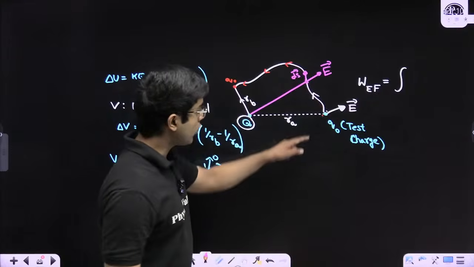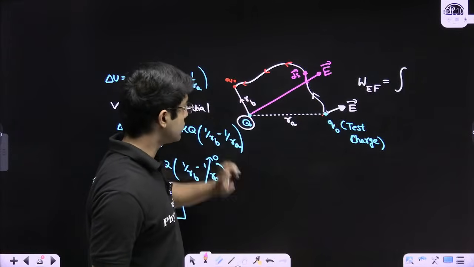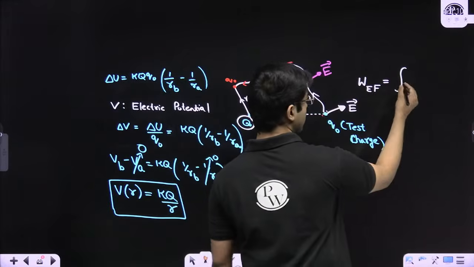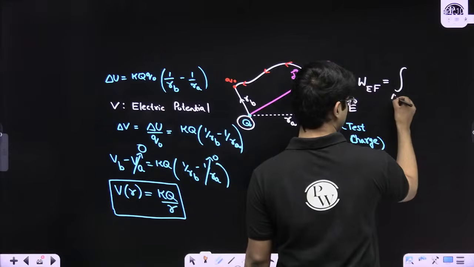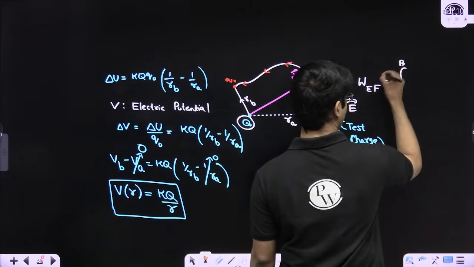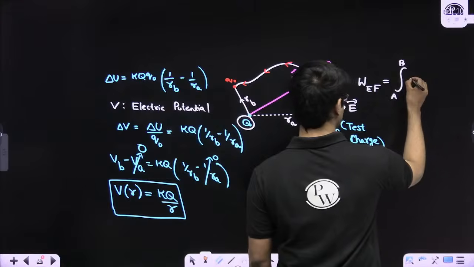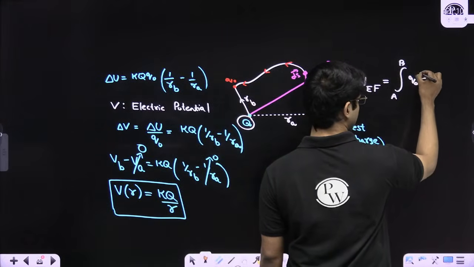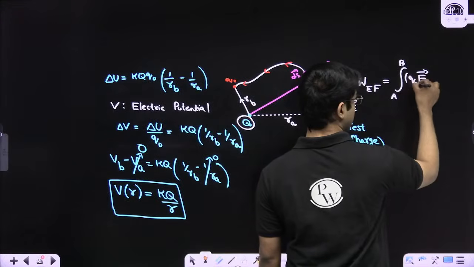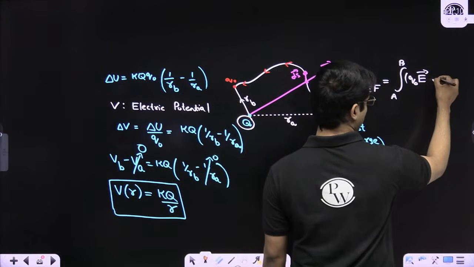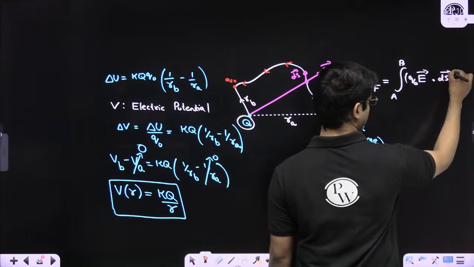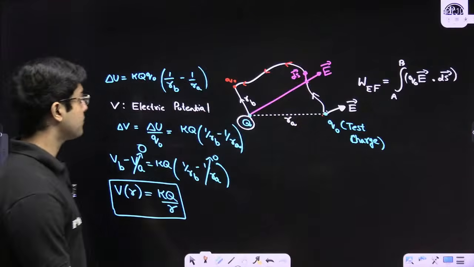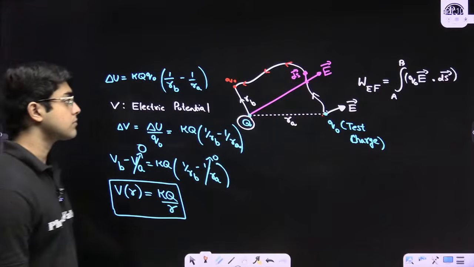If I want to calculate the work done from this point to this point, this is slightly complicated, but the formula is more important. The work done from A to B by the electric field will be the electric force, which is Q naught times E vector, dot the displacement. You can also use dl vector for displacement, and integrate from A to B. That gives the work done.